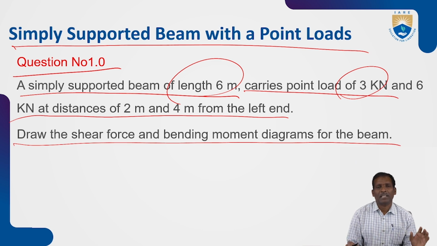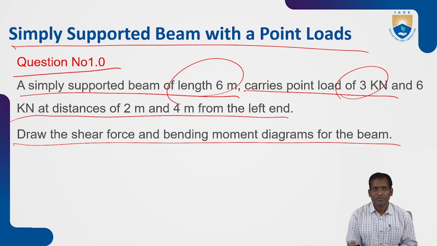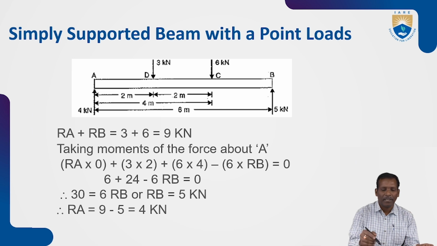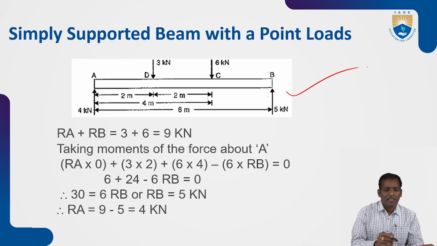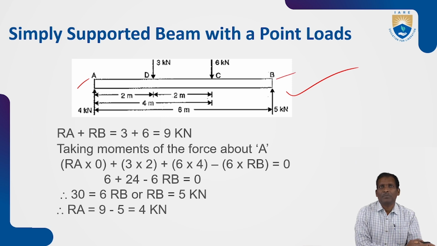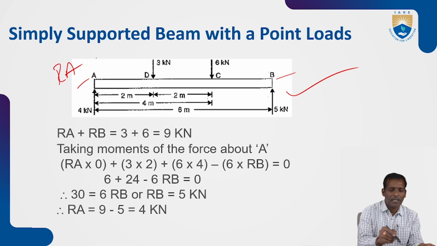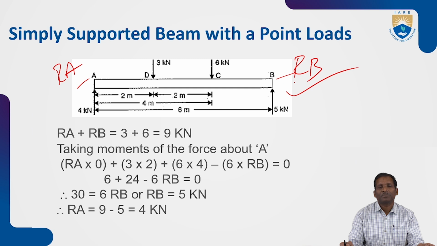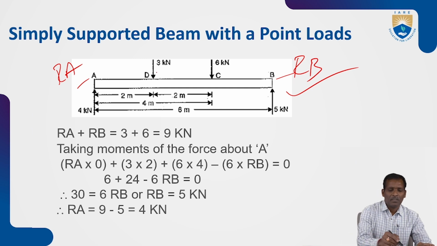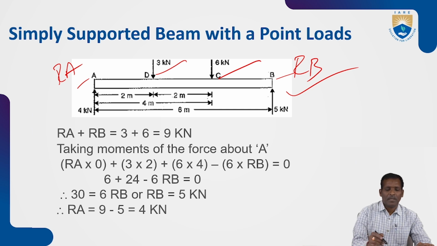First of all, you should calculate the shear forces and then the bending moment values, and then draw the diagrams. See here, the given diagram: AB is a beam, and the supported ends are A and B. RA and RB are the reaction forces. The point loads are 3 kilonewtons and 6 kilonewtons at C and D. The overall length is 6 meters.